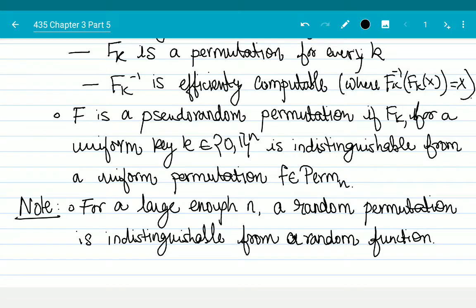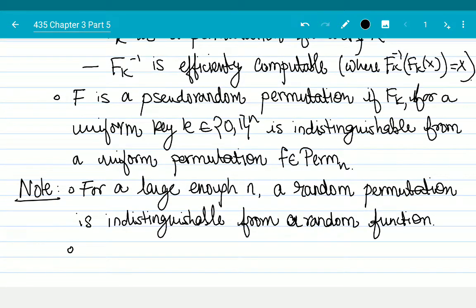If you have a large enough n, the chance of a random permutation is more or less the same as the chance of a random function. So even if we are saying that it's indistinguishable from a uniform permutation, it is actually indistinguishable from a uniform function.